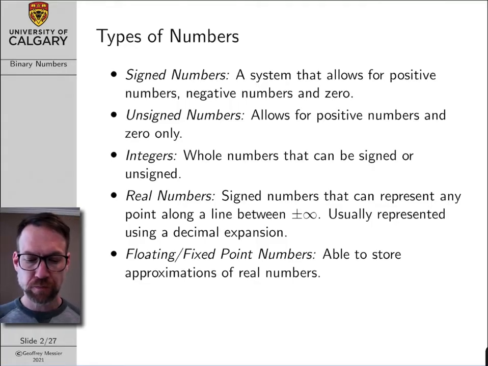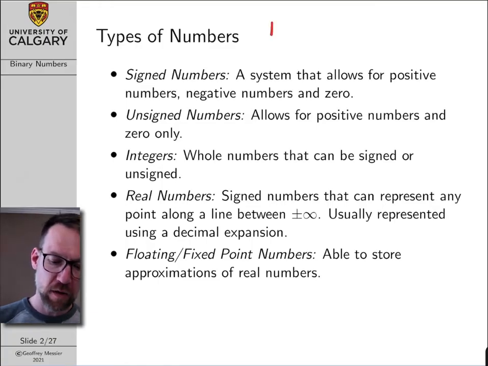First of all, we're going to be in this module talking about signed numbers. And signed numbers are basically a system of numbers that allows for positive numbers, negative numbers, and zero. So we can have plus 3, minus 4.5, and of course, 0.